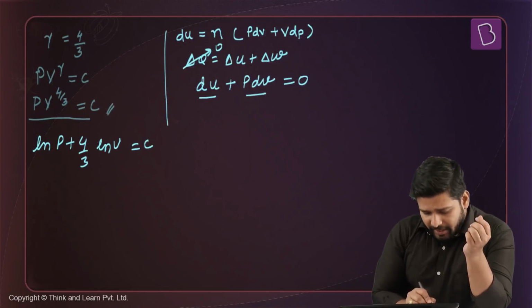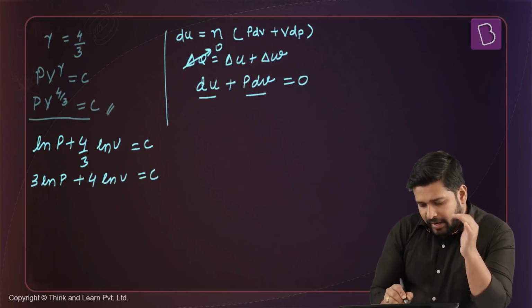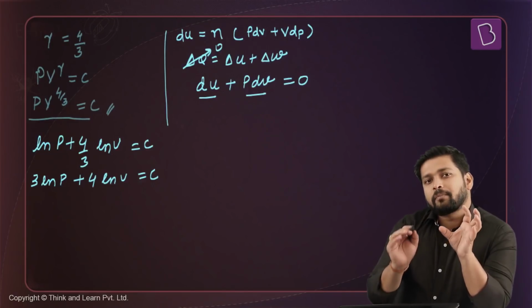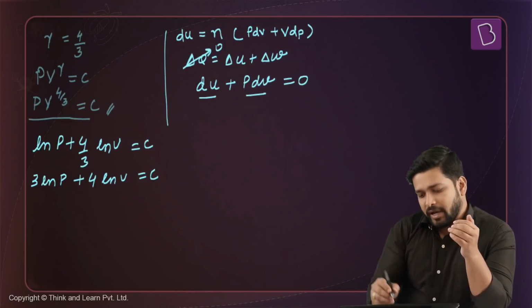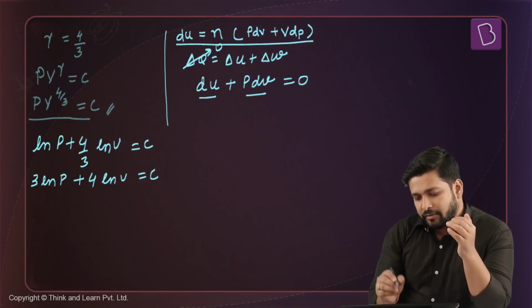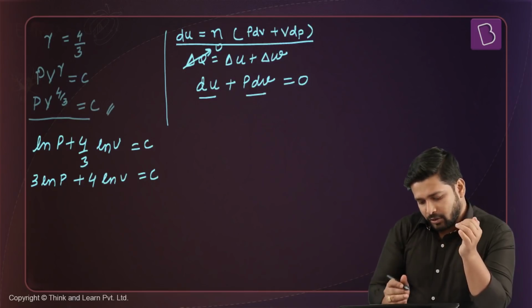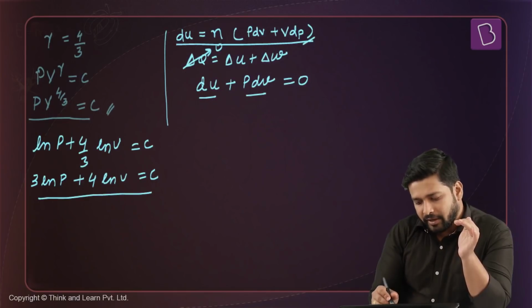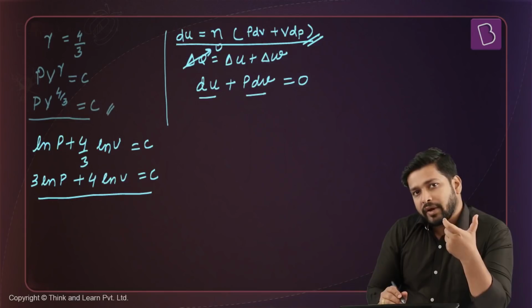If I take the LCM, I get 3 ln P plus 4 ln V equals constant. But I need to express the whole expression in the form of something plus PdV, because that's how the expression looks in my question. Then only I'll arrive at the answer and be able to judge the value of n, correct?